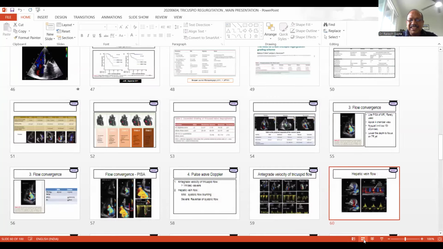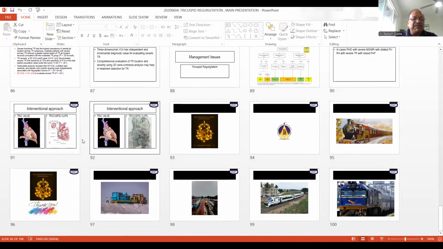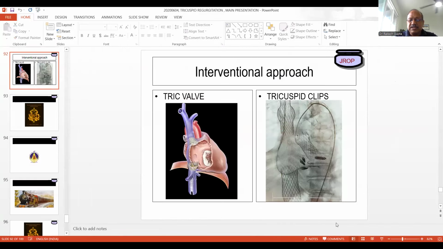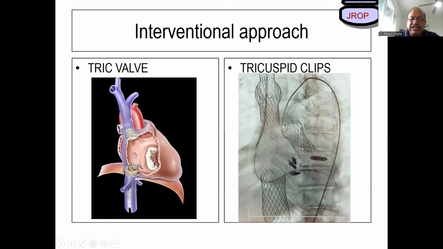Yeah, this is a newer modality of treatment for tricuspid regurgitation. If you look at this image very carefully, this is SVC, this is IVC. So this is a self-expandable valve which is implanted in the SVC. It's not spring-like. It's a mesh.